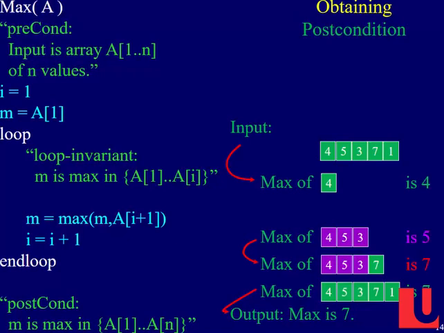Then we've got the maximum of the whole array, and we need to output 7. So we need an exit condition. Here the exit condition is in, because of the loop invariant. Again, this is where you get the one-off errors.